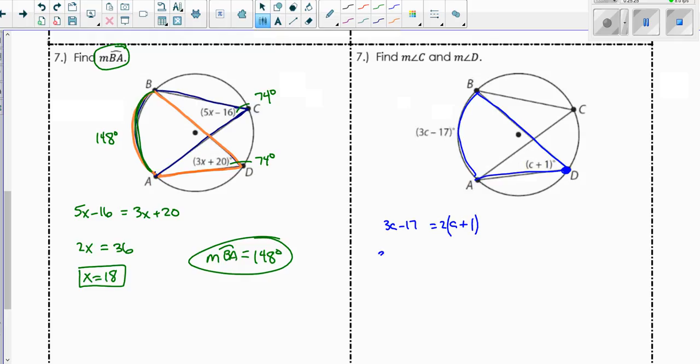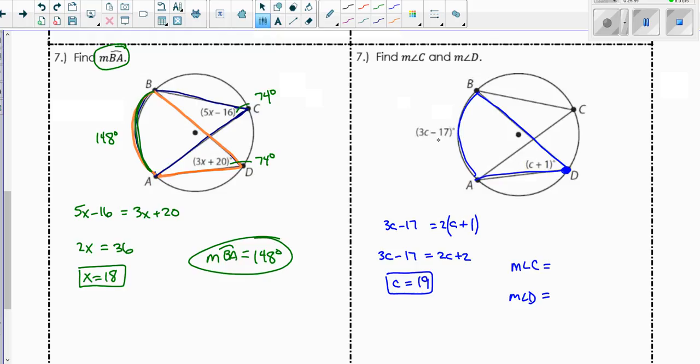All right, so we get 3c minus 17 equals 2c plus 2. So that means c is 19. Okay, I need to figure out the measure of angle C and the measure of angle D. All right, measure of angle C. So I'm going to go back and substitute in.